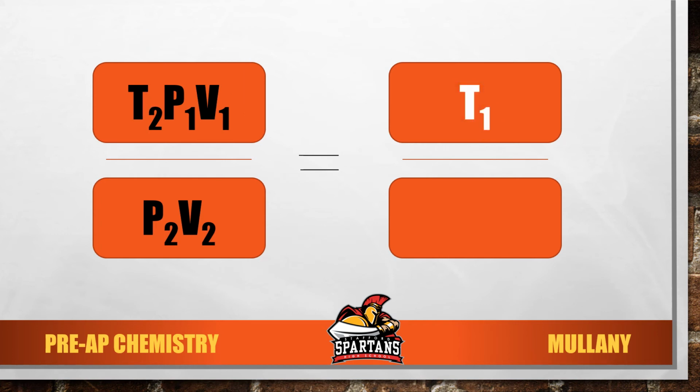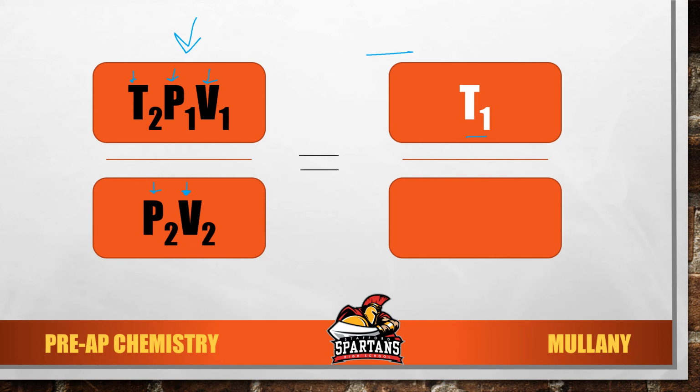Now, that's question one. Now, the other thing, let me explain the big picture here. What this tells us is that T1 is equal to T2 times P1 times V1 divided by P2 times V2. Now, here's where I save you from a mistake. If you put into the calculator T1 and you have all these numbers, everything on this side has to have a number, like 12.